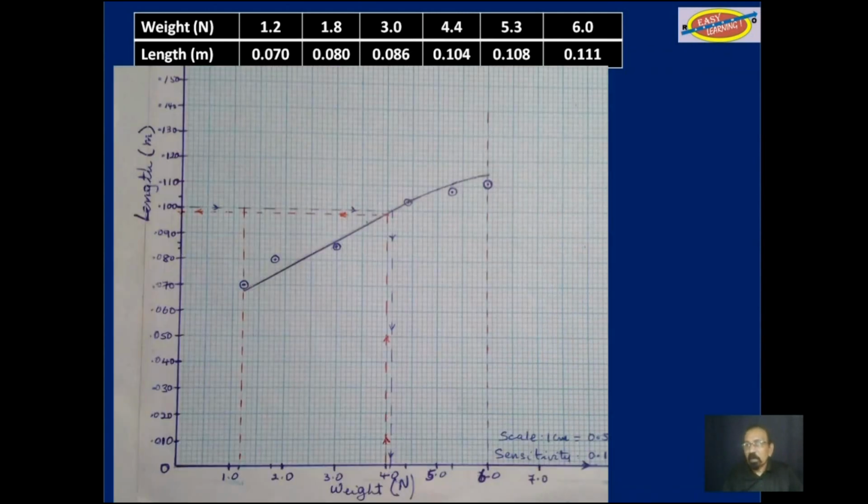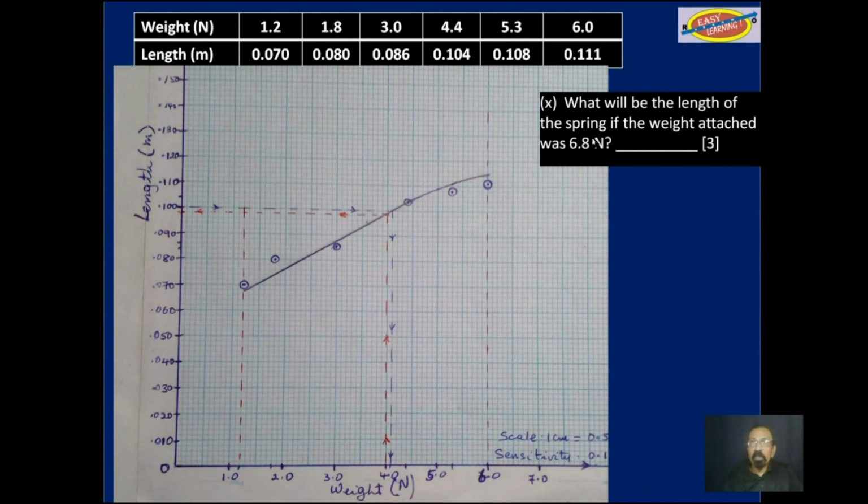Now, the next part of the question says, what will be the length of the spring if the weight attached is 6.8 newtons? Now we have a problem. You see, 6 is here, 6.8 is here.